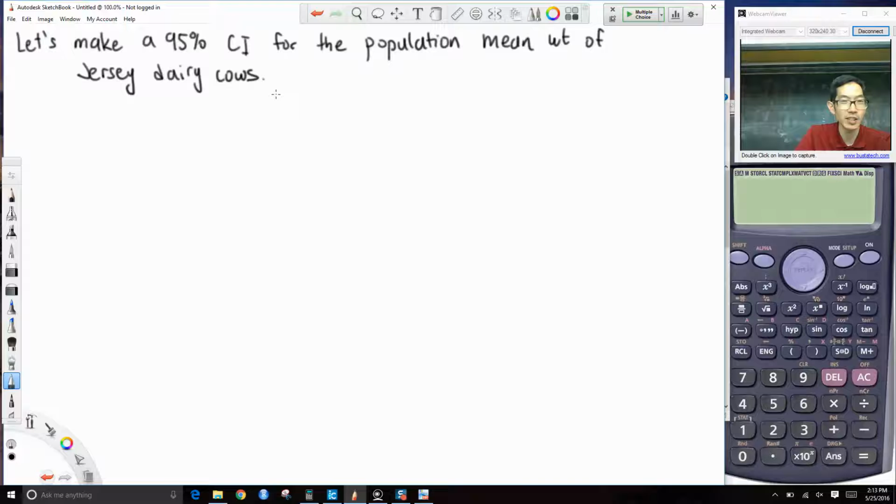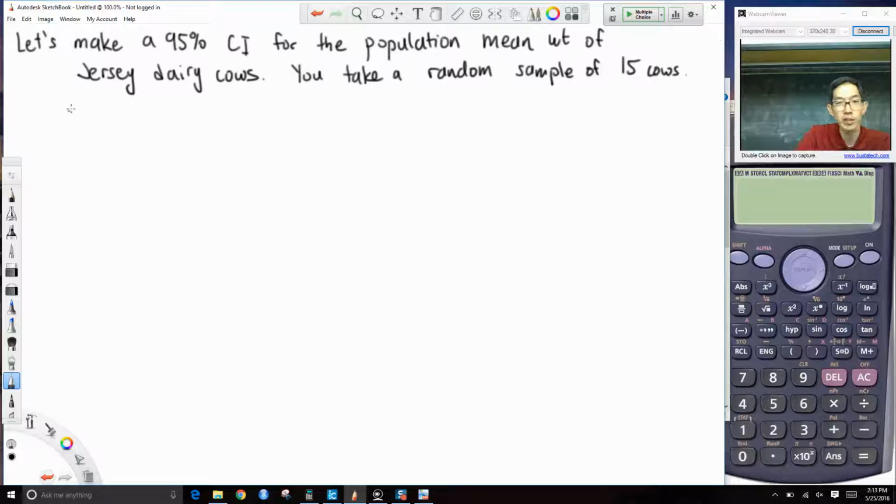Say you take a random sample of 15 cows.